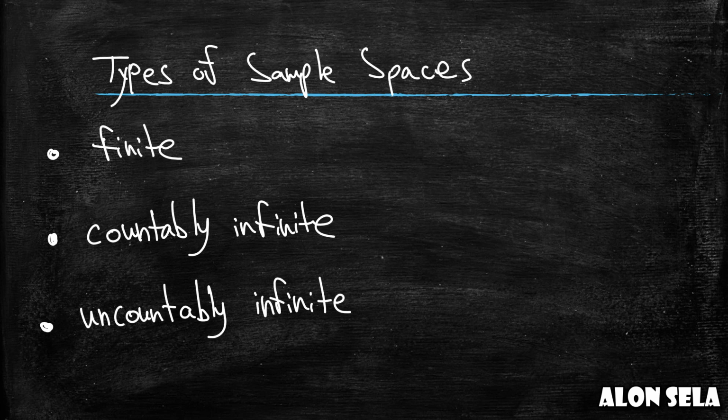We can think about the examples we just saw, or let's take a new example in which the sample space is the number that can come out in an experiment of rolling a die. So we have 1, 2, 3, 4, 5, and 6. So this is an example of a finite sample space.